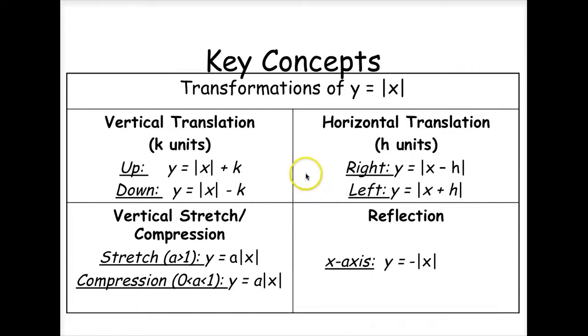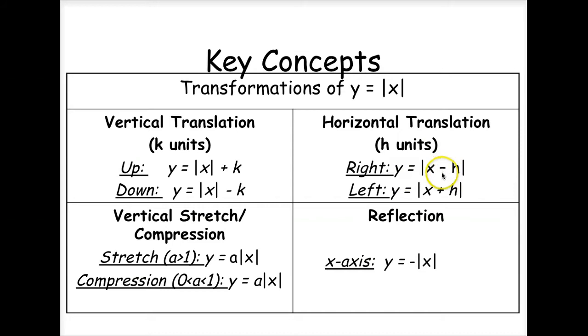You want to make a note of these key concepts. The transformations of y is equal to the absolute value of x, very similar to what we've learned before on linear equations. So vertical translations will move your k units up or down. Horizontal, your h will be right or left.